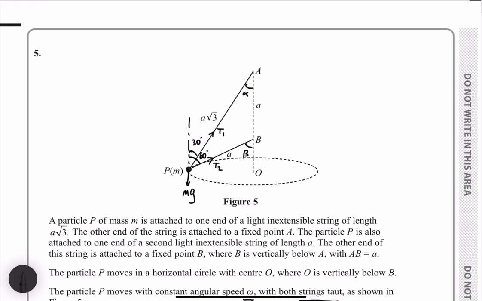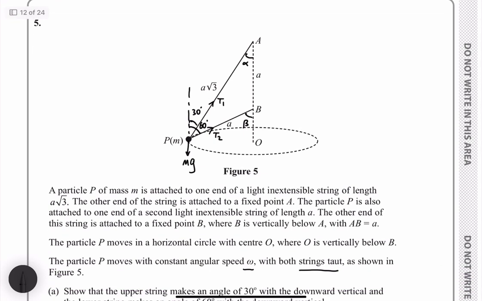But we need a second equation, because there are 2 things there we don't know, T1 and T2. Our second equation is going to come from the fact that we've got circular motion. So T1 sin 30 plus T2 sin 60 is producing this inwards force F, which is producing our acceleration that is moving the particle around the circle.